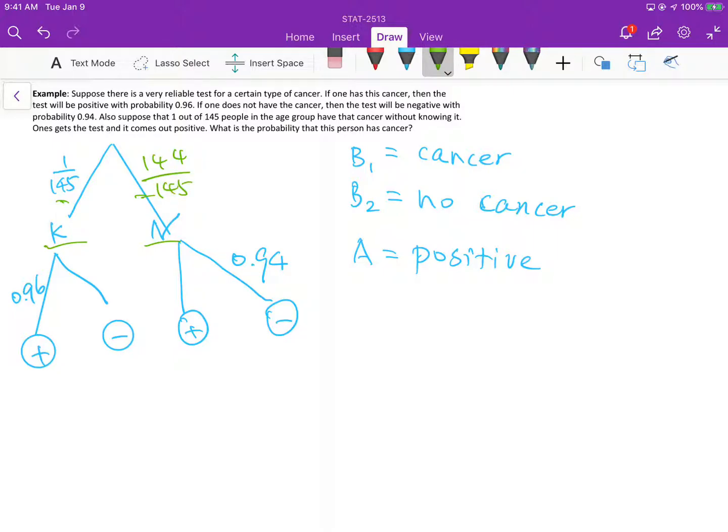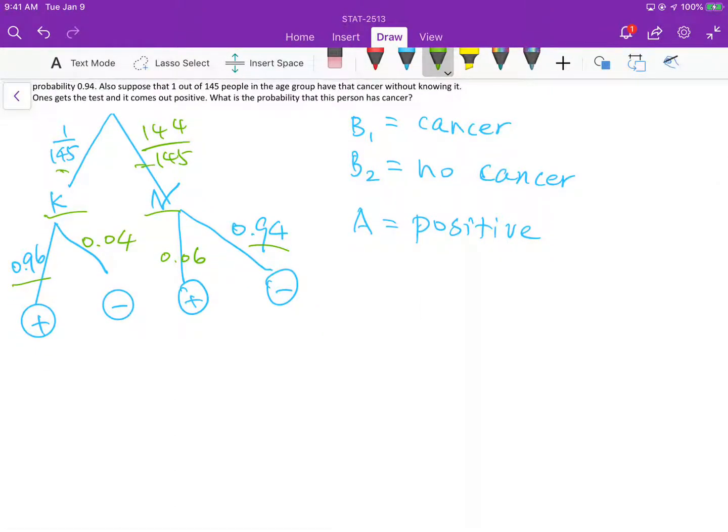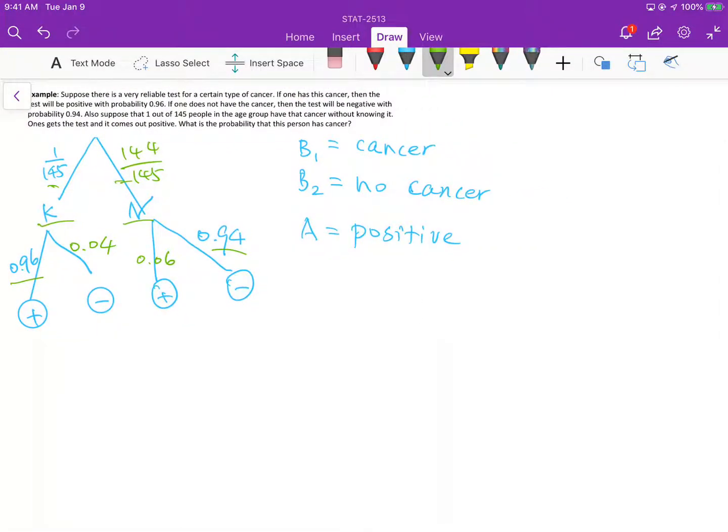Similarly, the probability of positive is 0.96, so this one should be 0.04. The probability of negative here is 0.94, so here should be 0.06. Now we want to calculate the probability of cancer, B1, given A, right?